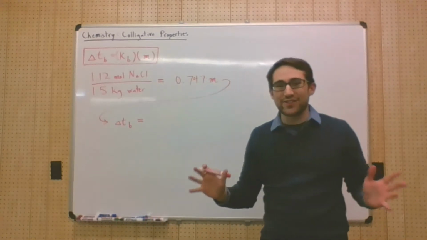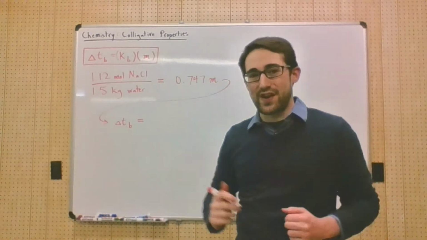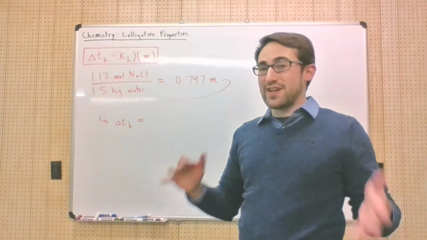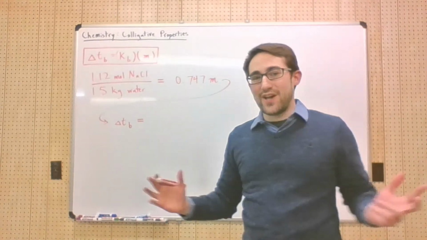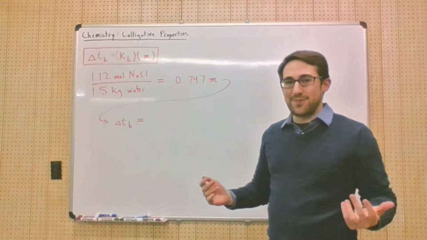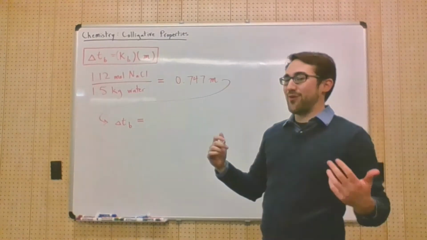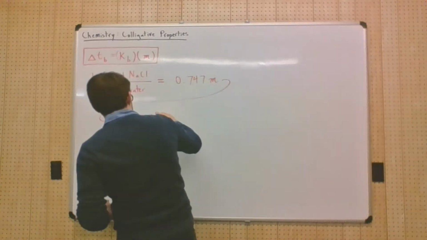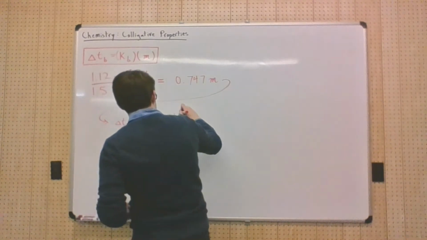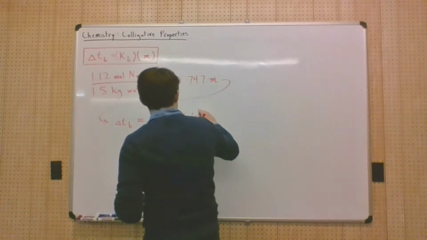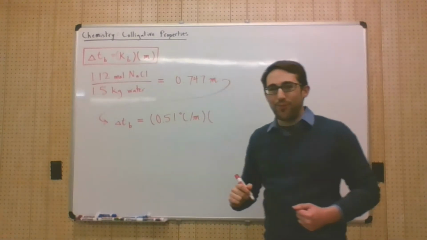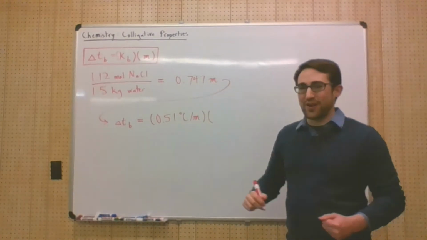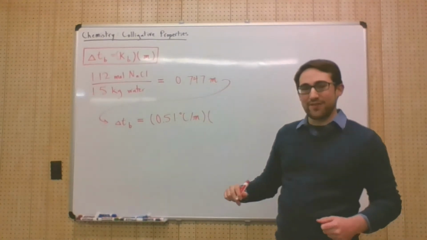No matter how concentrated the solution is or what temperature it's at, the Kb for water is always going to be the same. So I just plug in my Kb for water from before, 0.51 degrees Celsius per molal. Now I will multiply that to this concentration I just figured out, 0.747 molal.